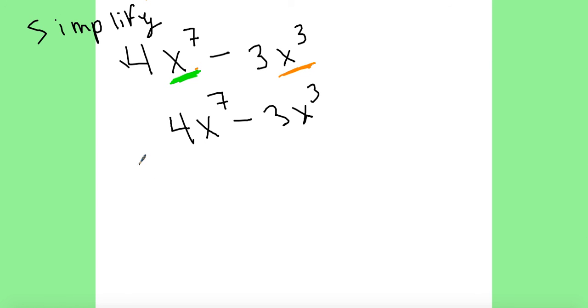And so the summary of how to add and subtract exponents would come to this. How do we add or subtract exponents? Well, there's some key points.